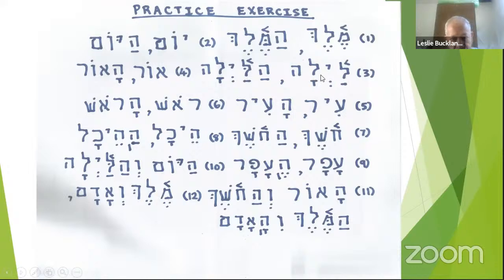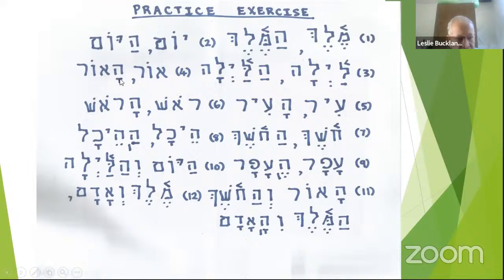Layla is night. And when you put the definite article before Layla, notice what happens. You have He, followed by Pathak, and then you have Dagesh forte in Lameth. Hal Layla is the night. Or means light. Notice what happens though.